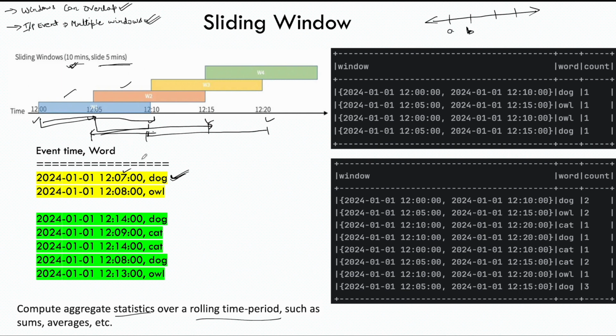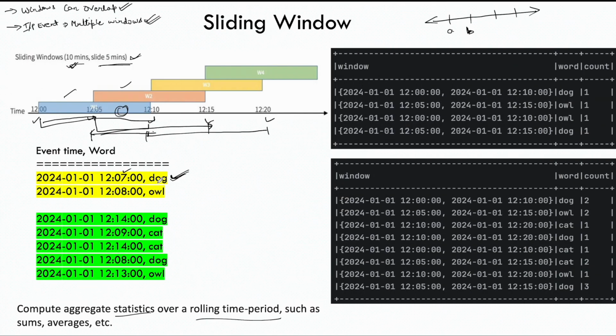So although this particular event will overlap, that's okay, we want the count, so we use sliding window. If our use case had been separate window counts, then we would have to use the tumbling window concept, because there the windows don't overlap. Fair enough.